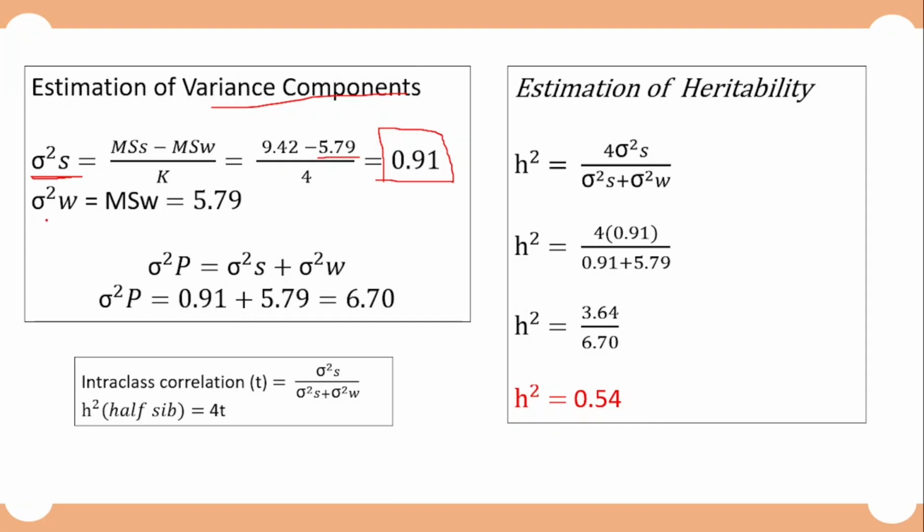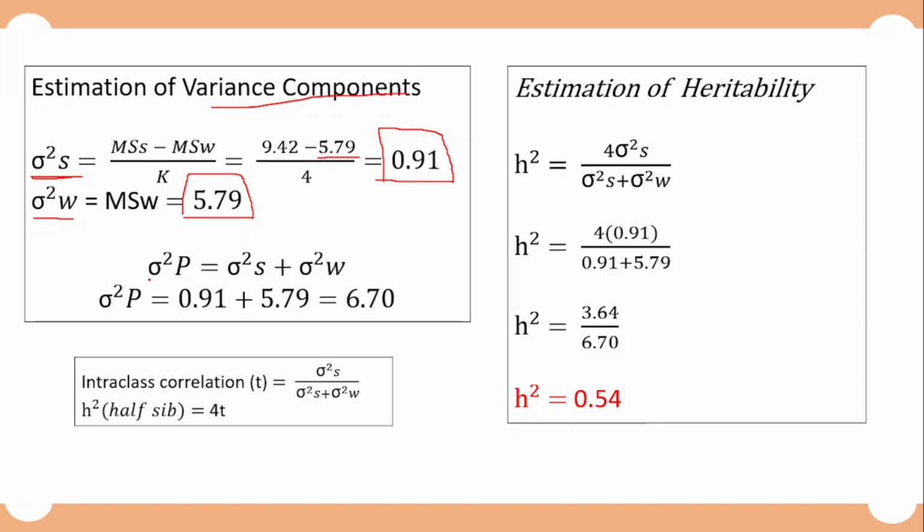So this is the sire variance. And the error variance, or within sire variance, we also have to calculate. So this sigma square w for error variance is equal to mean sum of square within sire, that was 5.79. Okay, so now we will calculate the phenotypic variance.